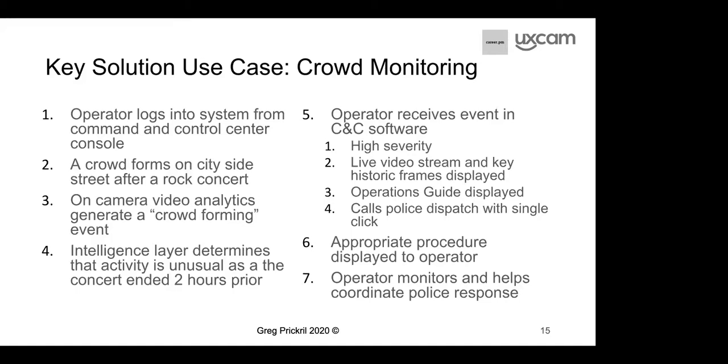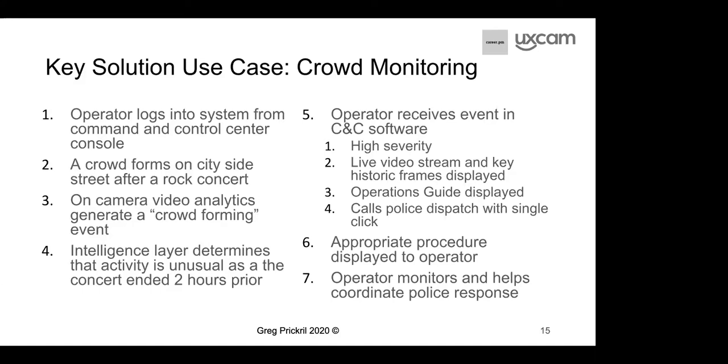This could be people who were at the concert who, maybe have been drinking or something and are getting together. So he gets the event. He's displayed the procedure that he's supposed to follow, including capturing the relevant video data, calling the right public safety organizations, and he monitors the response and helps the responders coordinate until the issue is resolved.